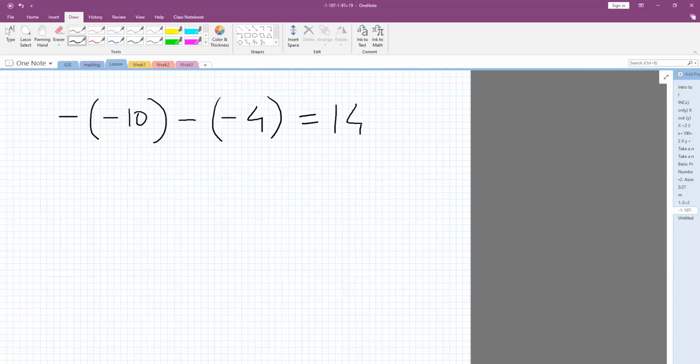For example, minus times minus gives you plus, plus times plus gives you plus, minus times plus gives you minus, plus times minus gives you minus.